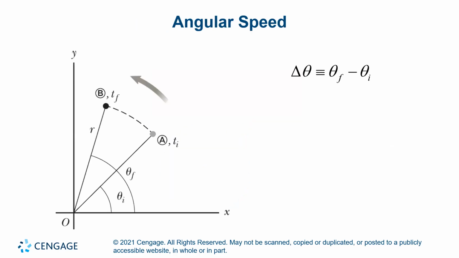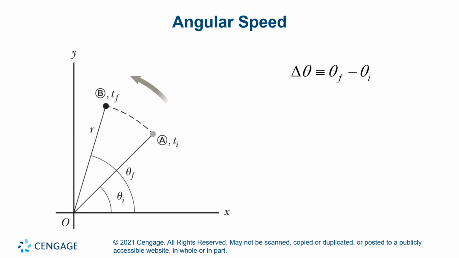So what is angular speed? As a particle on a rigid object travels from point A to point B, look at that picture, in a time interval delta t, where t initial is the time when the point is at point A, and t final is when the rotating point is at point B. We know how long it takes for the rotating point to move from point A to point B, so we can calculate the angular speed.